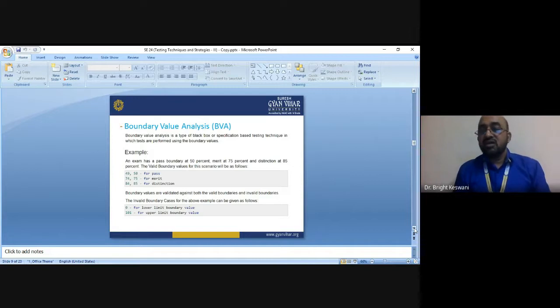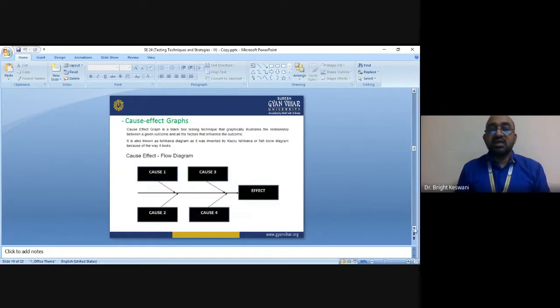Okay, coming to the next technique of black box testing, the cause effect graphs. A cause effect graph is a black box testing technique that graphically illustrates the relationship between a given outcome and all the factors that influence the outcome.